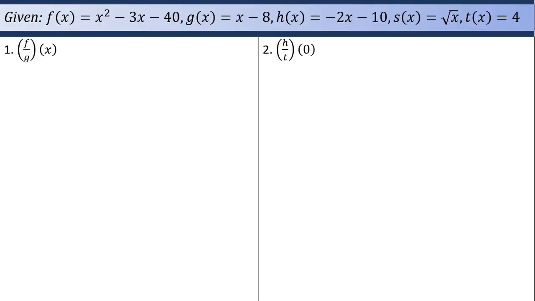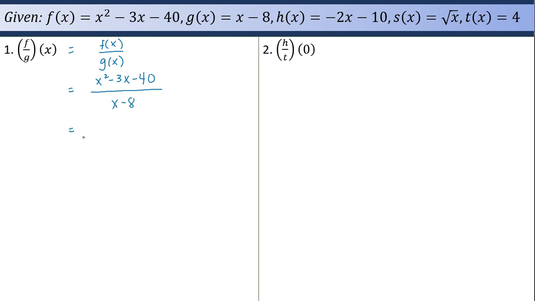Number 1, f over g of x. So again, following the definition, we have f of x over g of x. Isa-substitute natin ang f at ang g. So we have x squared minus 3x minus 40 over ang g of x naman natin ay x minus 8.